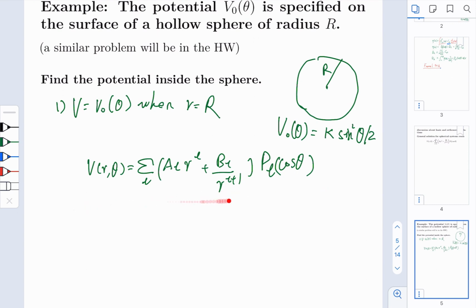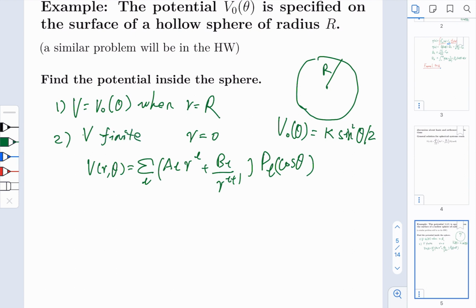So this is the general solution to the problem. Yeah, I think you are right. So another boundary condition is that when r equals 0, this V must be finite.